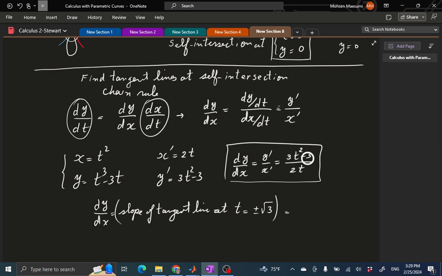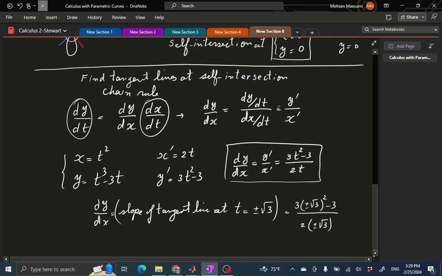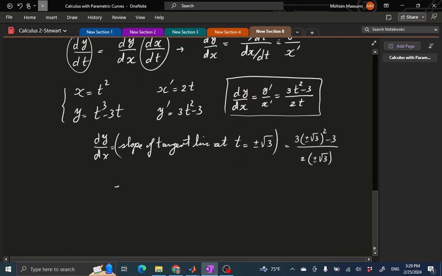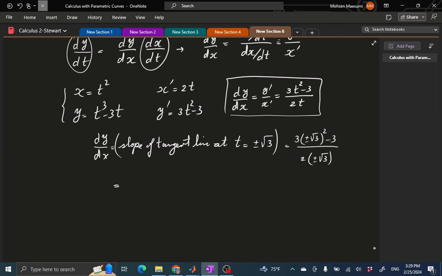I just put it here, so it becomes 3 times (plus or minus radical 3) squared minus 3, divided by twice plus or minus radical 3. Radical 3 squared, of course, is just 3, and 3 times 3 becomes 9, minus 3, over plus or minus 2 radical 3.